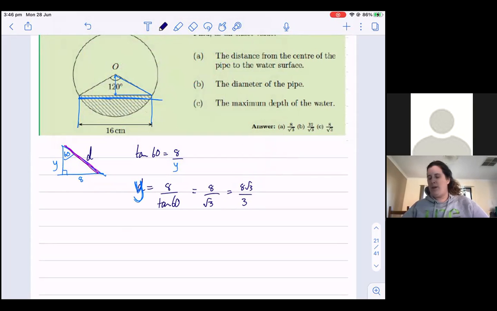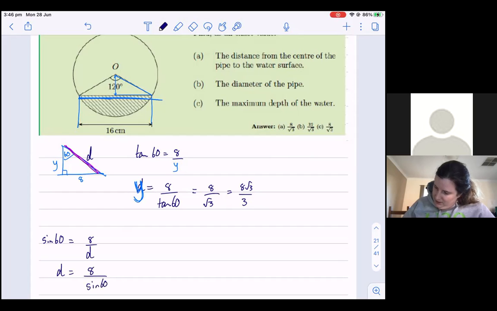I always try and use the one that I didn't have to figure something out. So I'm not going to use Pythagoras here. Pythagoras will be easier, but that relies on me having gotten 8 root 3 on 3 or 8 on root 3 correct. So this time I'm going to use sine 60 is 8 on the diameter. So the diameter is 8 on sine 60. So it's 8 on sine 60 is root 3 on 2.